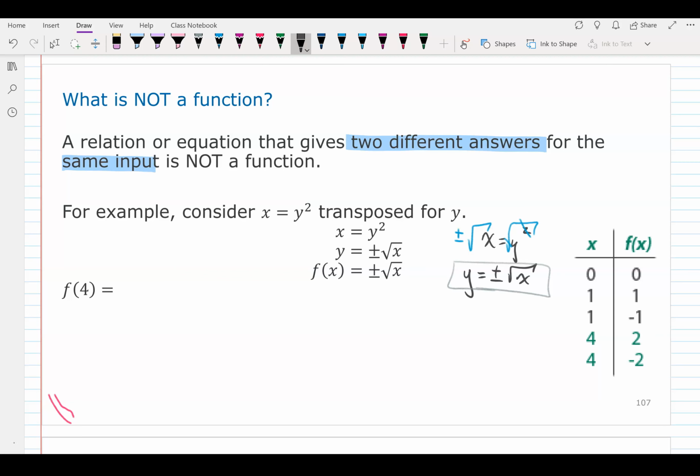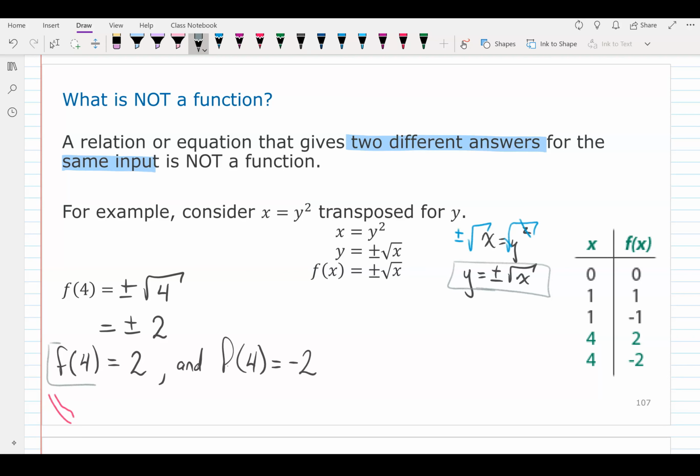Is our new function, okay? So what if we put 4 into this function? If we put 4 into this function, we get plus or minus root 4. And the answer then is plus or minus 2. And very literally, the value of this function when x is 4 can be 2. And when you put in 4, the value of the function that comes out is also negative 2.